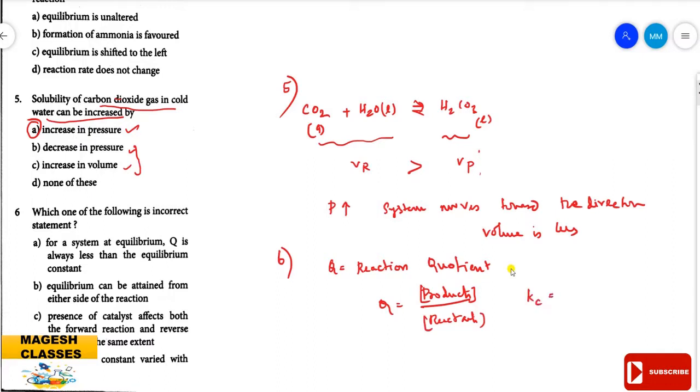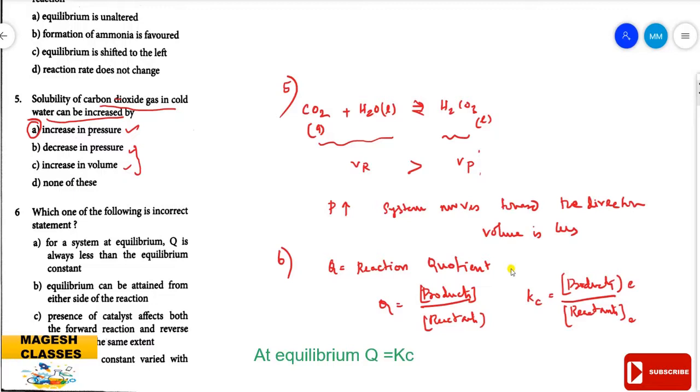And Kc is equal to the ratio of the concentration of the products to the reactants. Then what is the difference? Kc is the concentration at equilibrium condition, and Q is in the non-equilibrium condition.